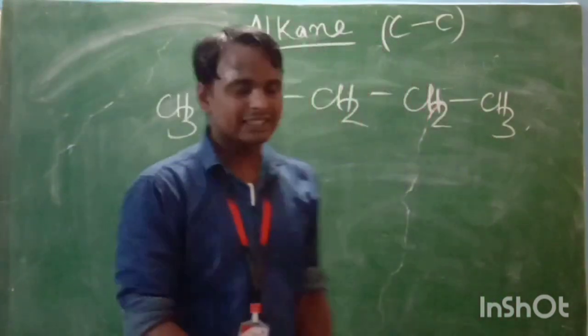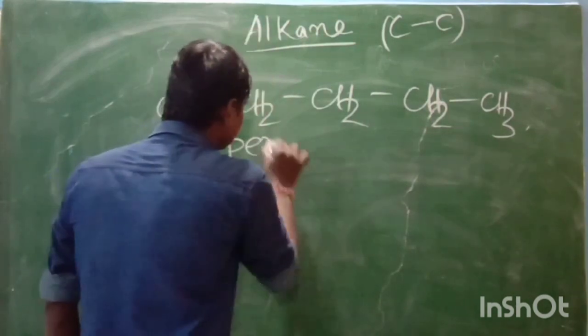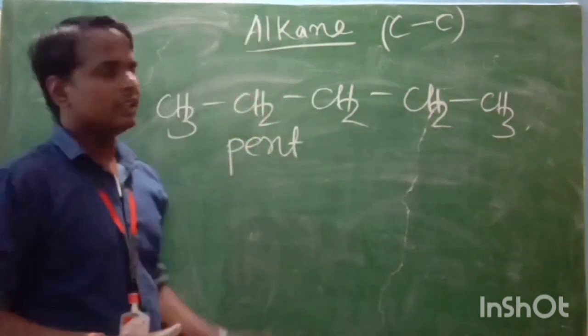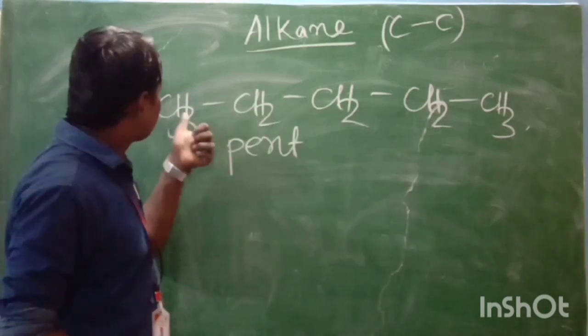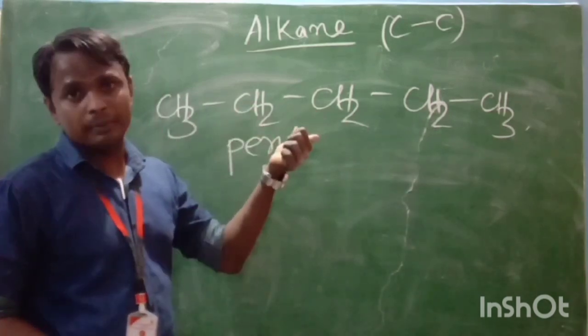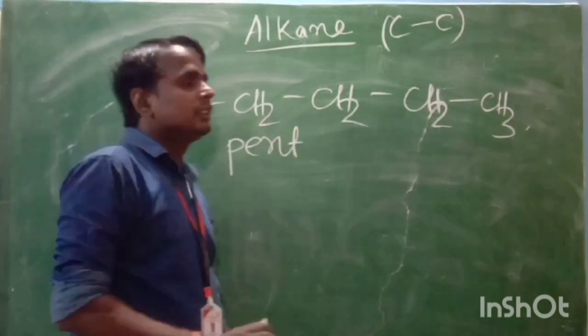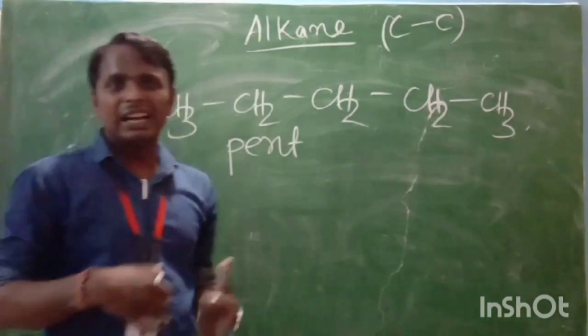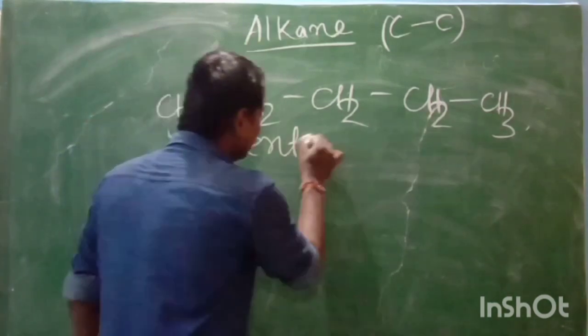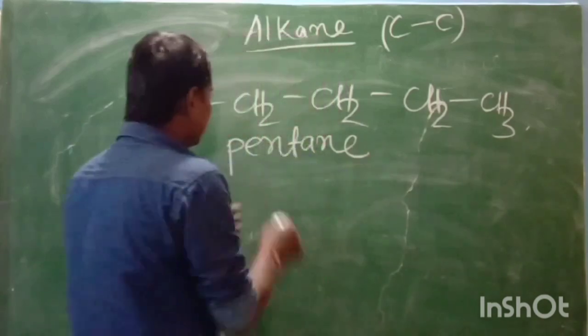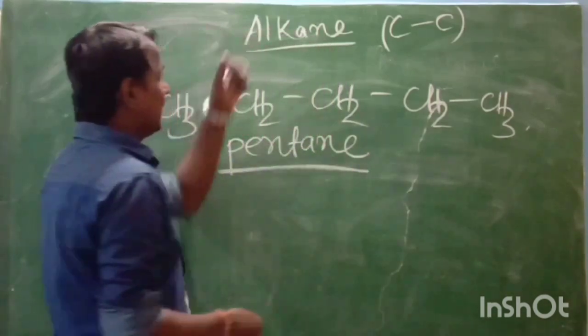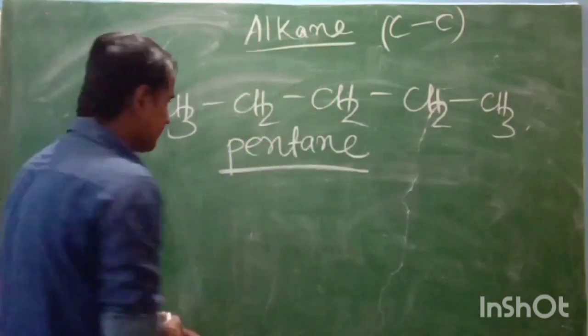Five means the root is pent. Then it's a hydrocarbon because only carbon-carbon single bonds are formed here, that means the suffix is ane. We add ane, and the name of this alkane is pentane.